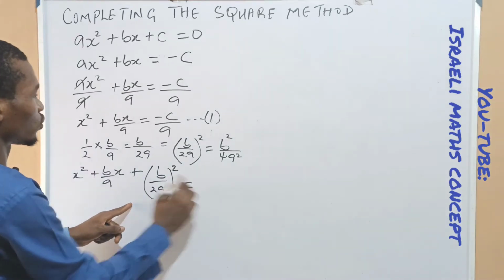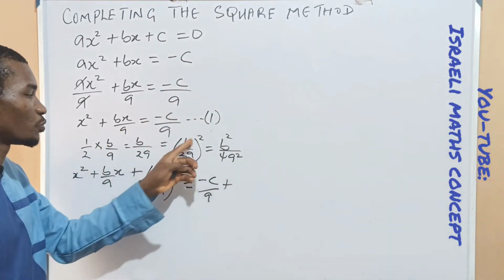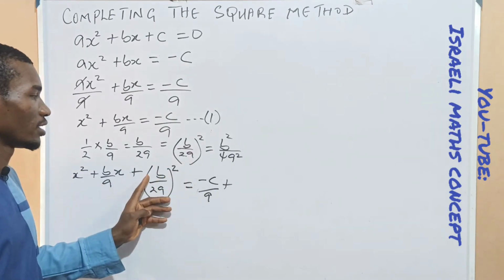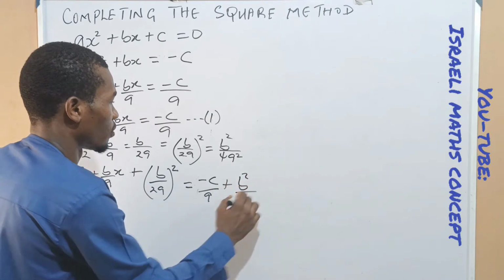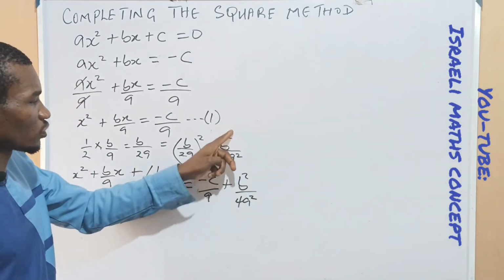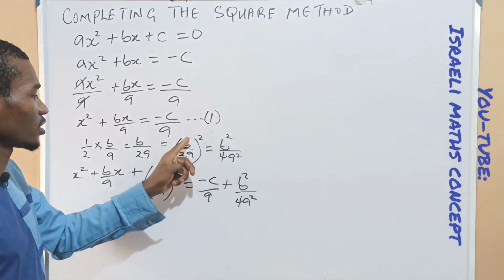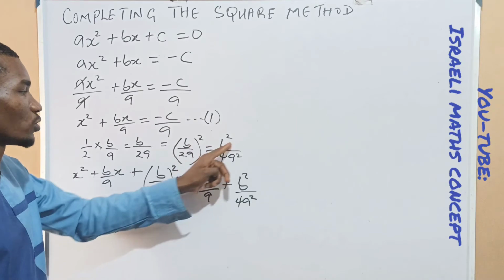And this is equal to negative c over a plus, we are still adding what I added here, b squared all over 4a squared. Remember that this b squared over 4a squared is the same thing as saying b over 2a squared, because this was what we squared out to get this.